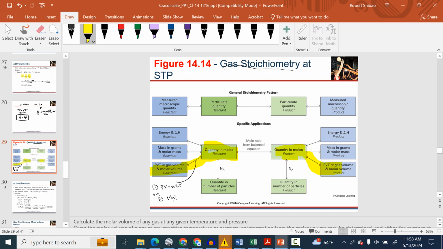When we have the moles and we want to get the pressure, volume, or temperature, then option 1 is to use the ideal gas law, PV equals nRT, or option 2, we can use the molar volume. And so this is why a lot of people will have the molar volume equation memorized. And then there's one more option. One more option is if we have liters, we can do a liter to liter conversion and bypass moles altogether.